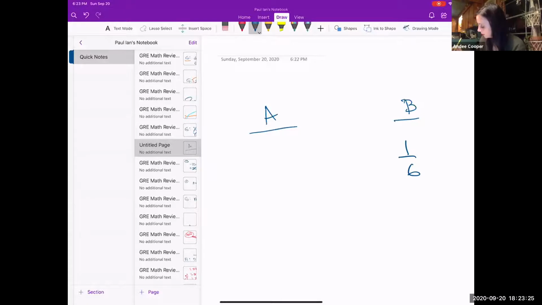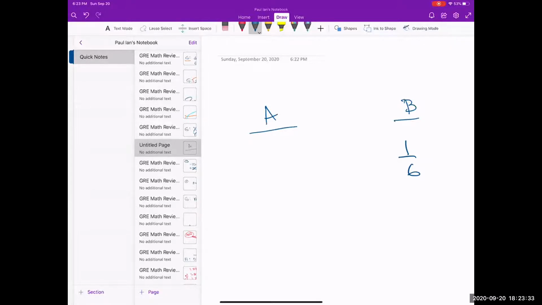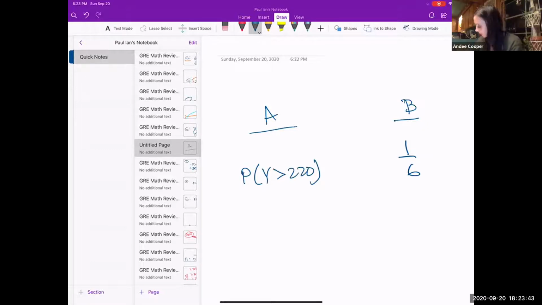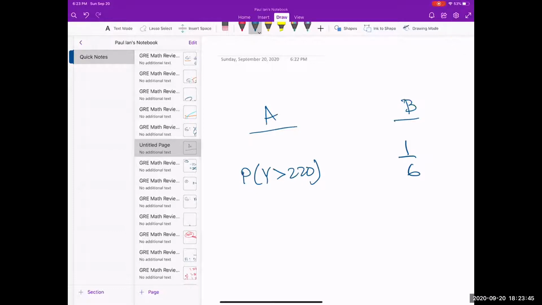The mean is going to be right there in the middle, it's 200, and this is 150. The probability of the event that the value of y is greater than 220, this is A, right? That's what it's asking.